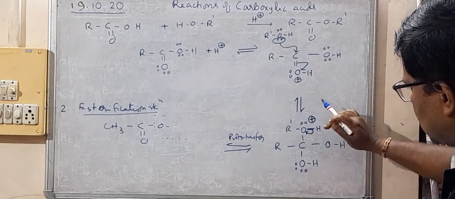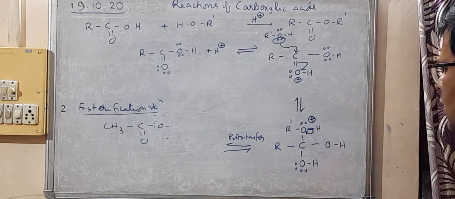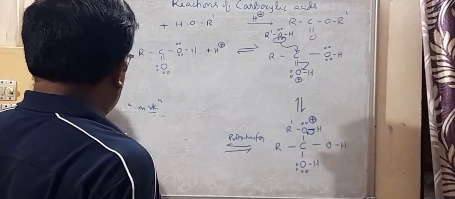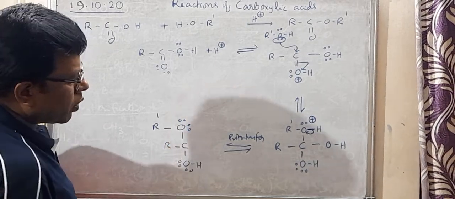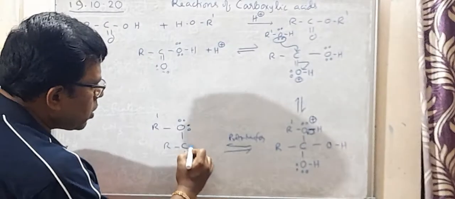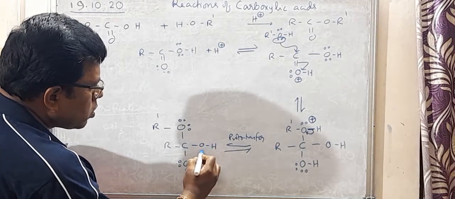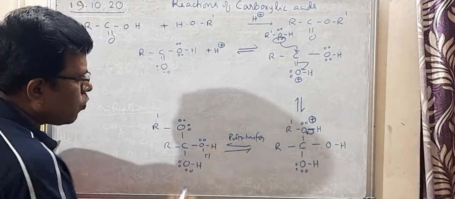So proton transfer will take place, and it will be R dash O, C, O H, and after proton transfer it gets attached here, O H H, and there is only one lone pair.